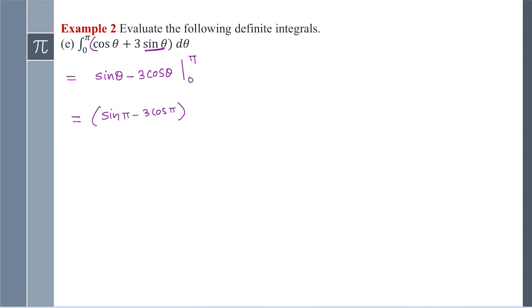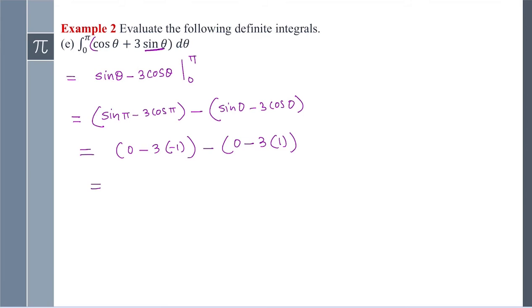Then f of b minus f of a means sine 0 minus 3 cosine 0. Now sine pi is 0, minus 3 cosine pi is negative 1, minus sine 0 is 0, minus 3 times cosine 0 is 1. So here we get 3, minus here we get negative 3, which gives us 3 plus 3, and that is 6. Now let's look at one more example.